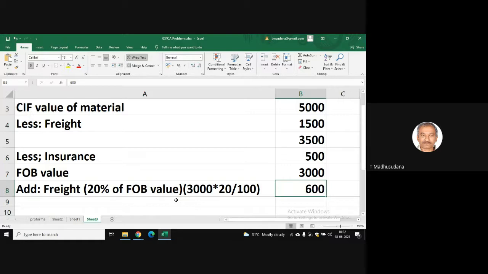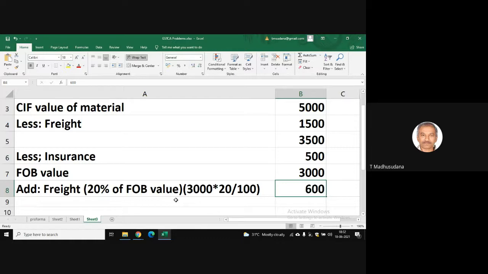If you charge customs duties on the actual freight of 1,500 added to the FOB value, the assessable value will become more, on which the customs duties levied will be more.